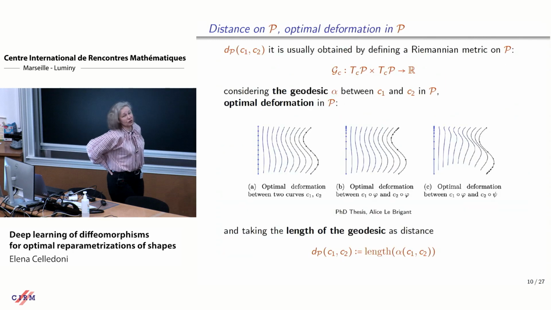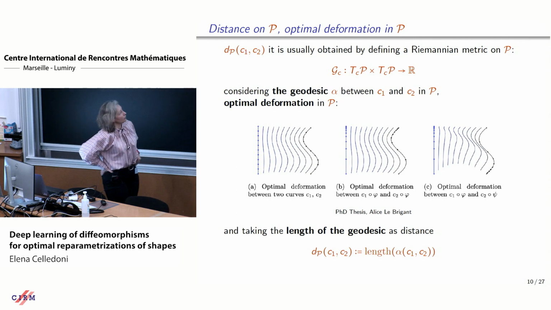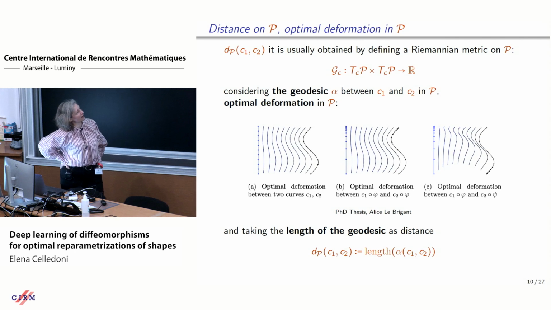Okay, so how do you design a notion of distance on the pre-shape space, on the parameterized curves or parameterized surfaces? You consider a Riemannian metric on the same space.